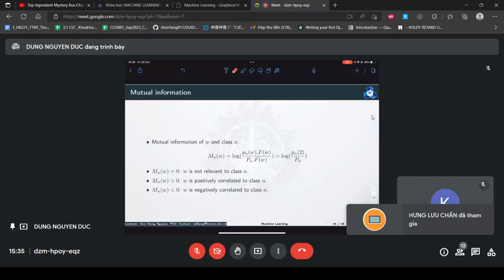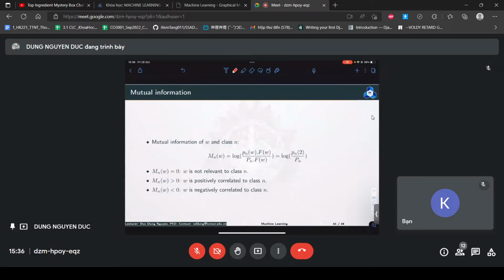So if that is the case, then the M of N and W for W equals ski is really high. It's a positive number. It says that if you see a document with the word ski, the topic should be sport, something like that, right? Because they are highly correlated.